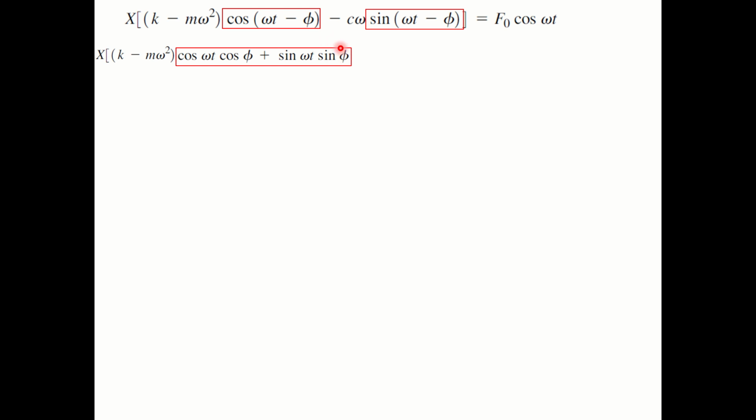Now we have c omega, that is the next term. Sin(a minus b) can be written as sin a cos b minus cos a sin b. Sin omega t, a is omega t, cos b, b is pi, minus cos omega t, sin pi.